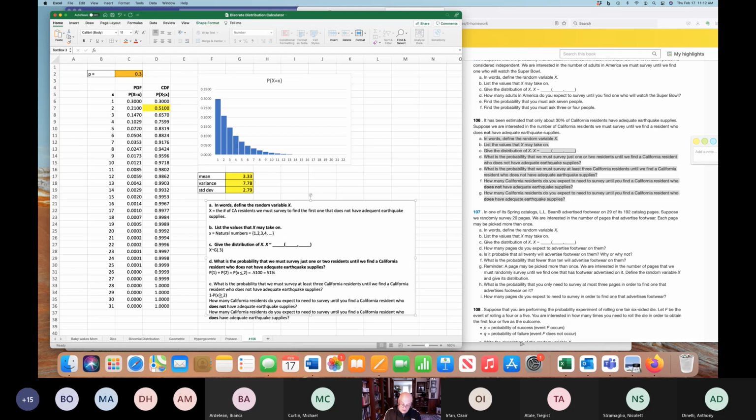Which equals 1 minus 0.51, which equals 0.49, which also equals 49%.